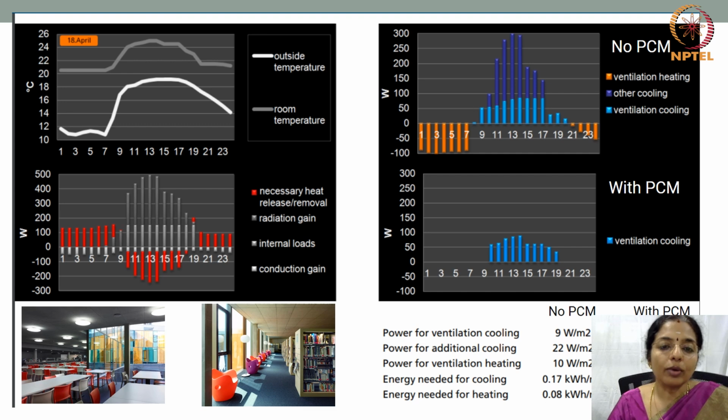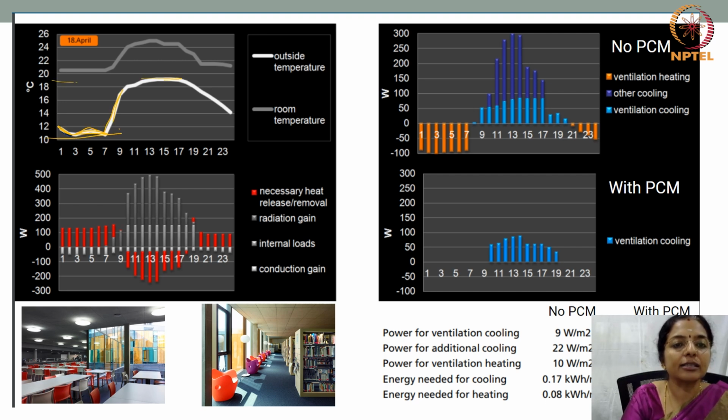So what was found is, in this building, when it was practically seen, when the outside temperature fluctuates at 10 degrees and goes maximum up to 19 degrees centigrade, this is the outside temperature.